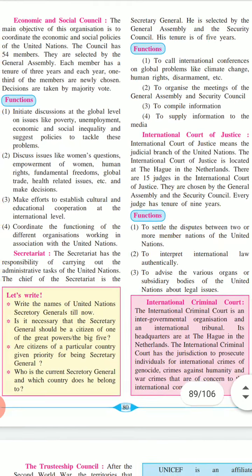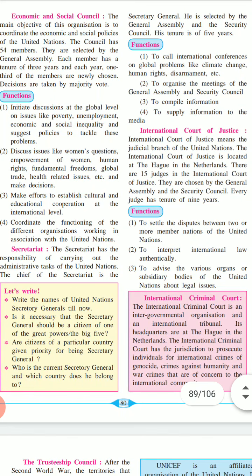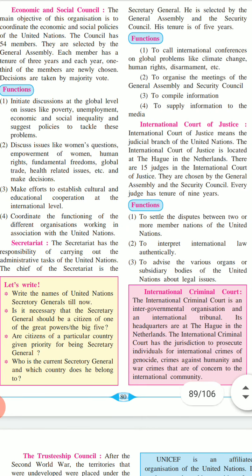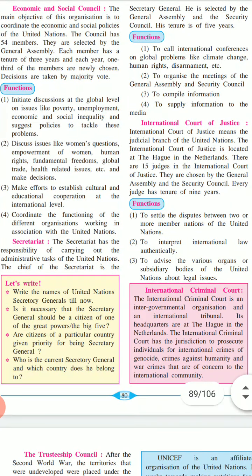So students, talking about the Secretariat, the word is very common and very simple to understand. To make it simpler, I'll give the example of the commercial word secretary. In commerce, we use this word for a person who is working under the owner of the business or the owner of the company.